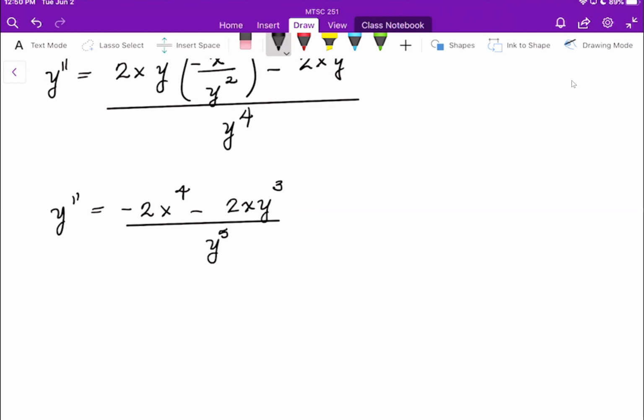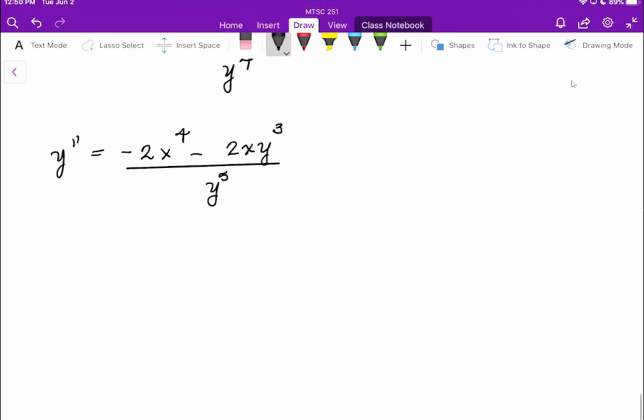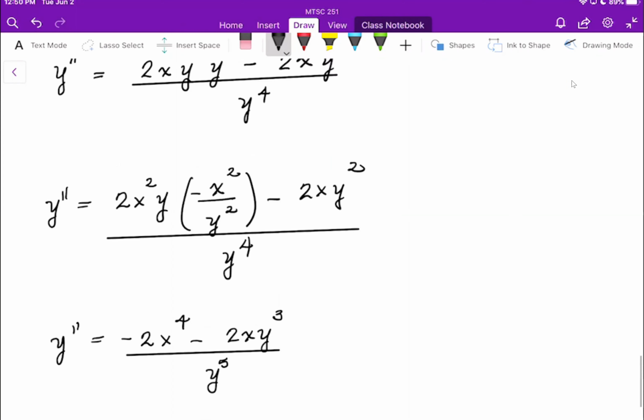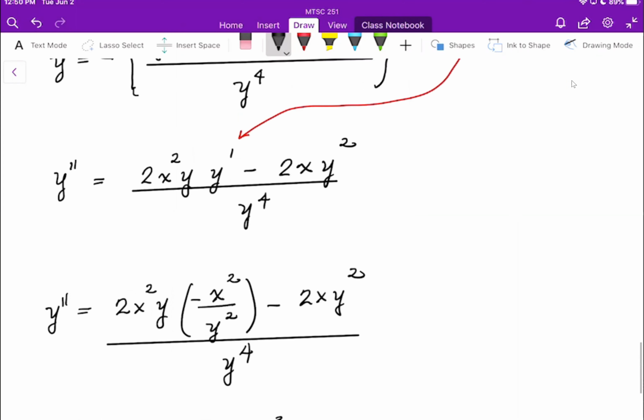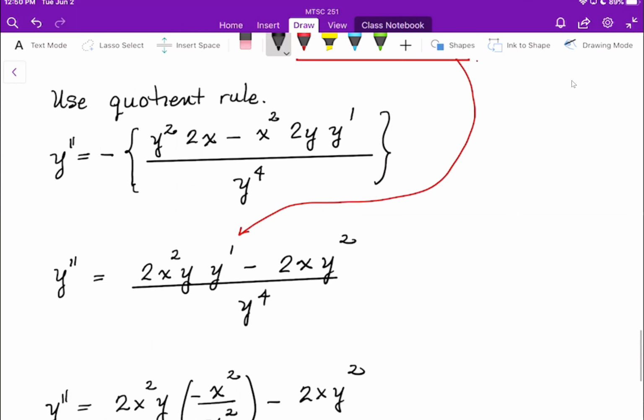So we can factor out a minus 2x, and that's going to leave us x cubed. And I believe I changed the sign here. Let me see.